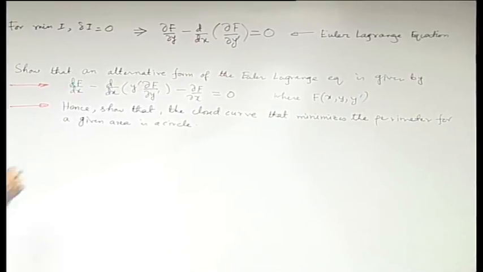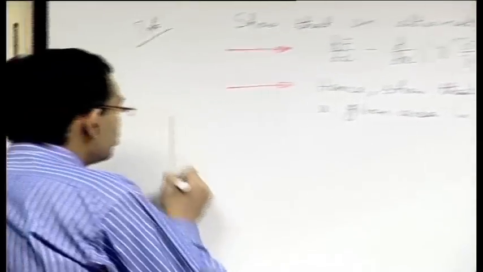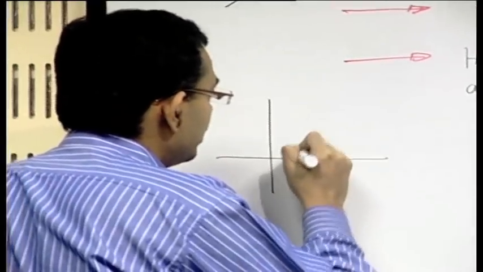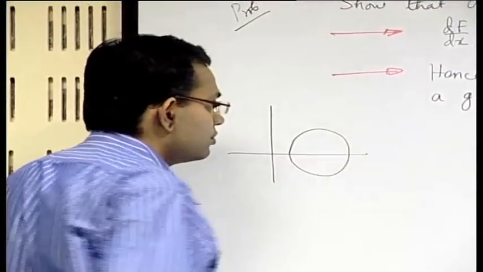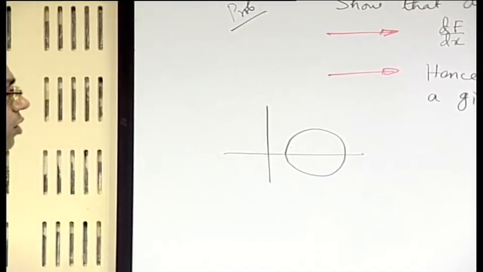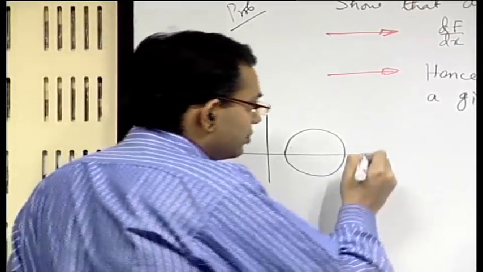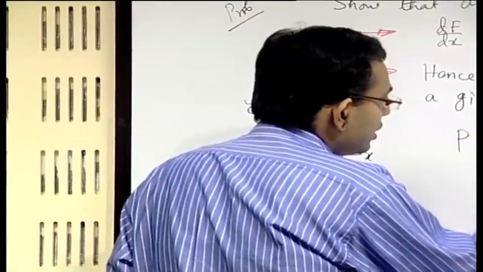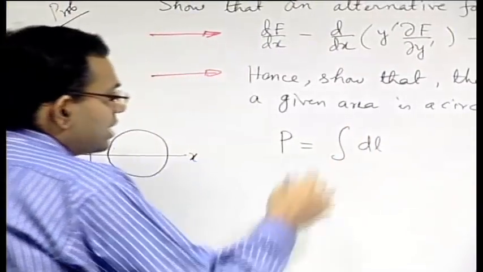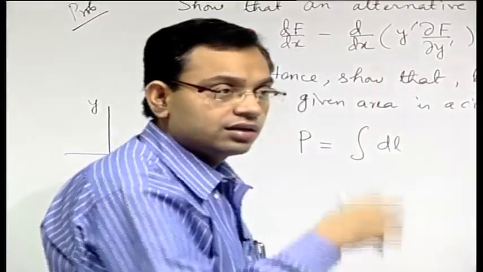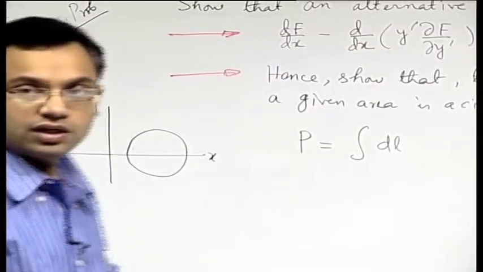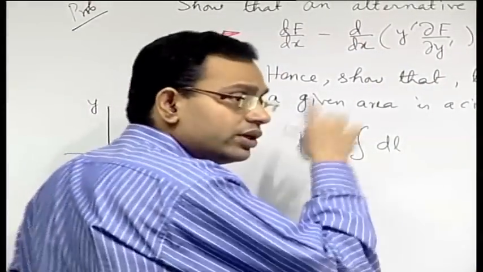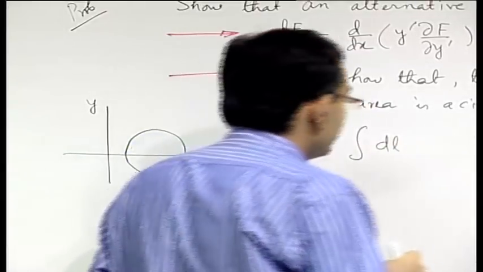So, let us try to make a sketch of what we are going to show, and you have a curve. The perimeter of the curve, so if this is y axis, this is x axis, the perimeter of the curve is essentially the cyclic integral of dl, the total length of the curve, the contour integral of dl.